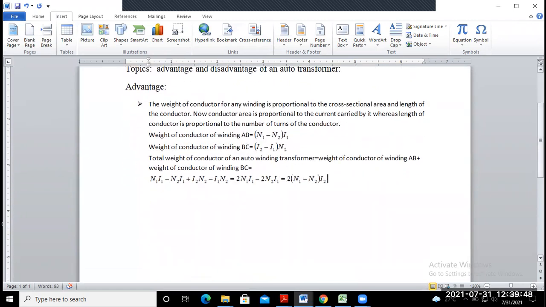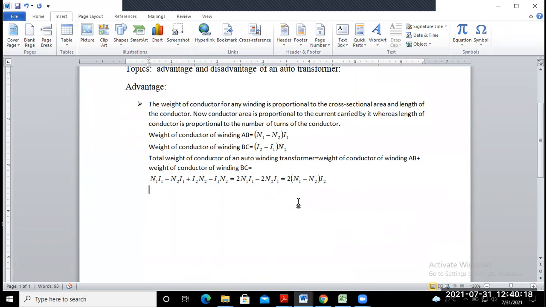And now we just find out the weight of the conductor of a two winding transformer, that means an ordinary transformer. You know that the number of turns for the primary winding is N1 and the current is I1. So MMF is your N1 I1, or the weight of the primary winding conductor is the product of the number of turns into current.